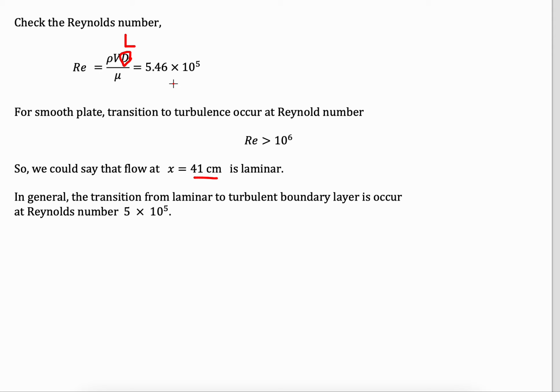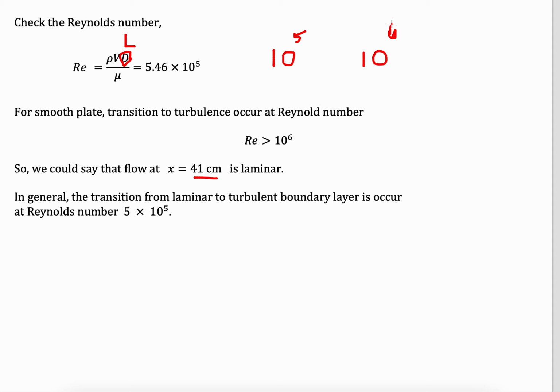Normally for a smooth plate, we could assume that this is just a borderline, because normally we take 5 times 10 to the power of 5 as the transition from laminar to turbulent. However, as I said, people will take 10 to the power of 5 as fully laminar, and 10 to the power of 6 as fully turbulent.